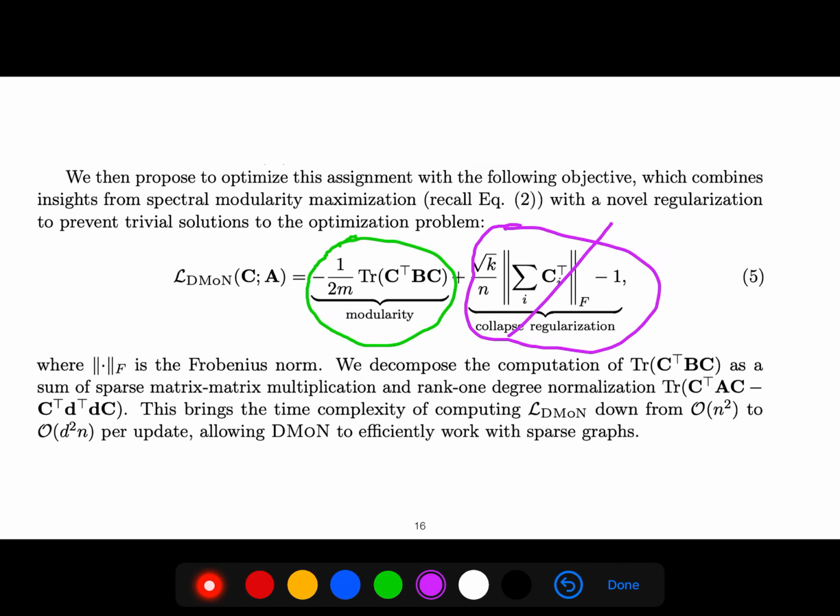Because if we don't have this, then the solution becomes very trivial, and that is not what we are investigating. So we decompose the computation as a sum of sparse matrix multiplication and rank 1 degree normalization.